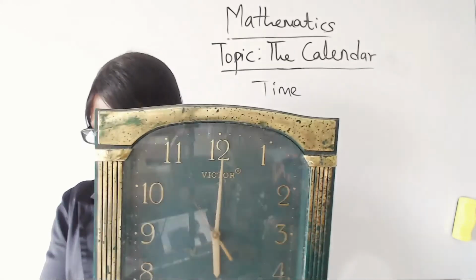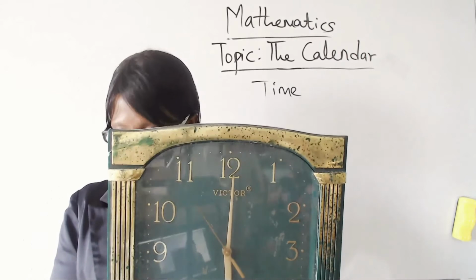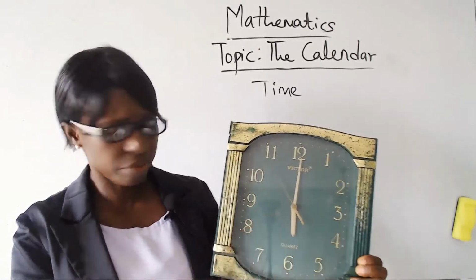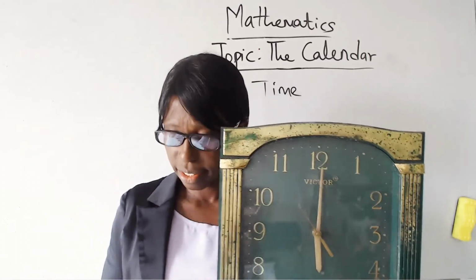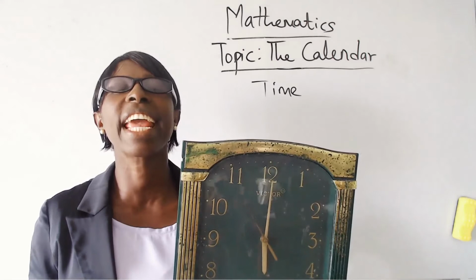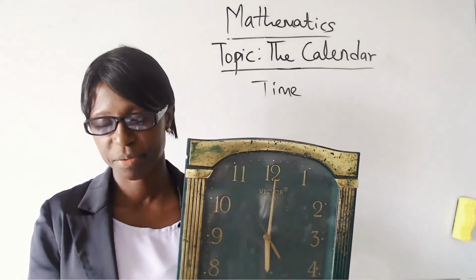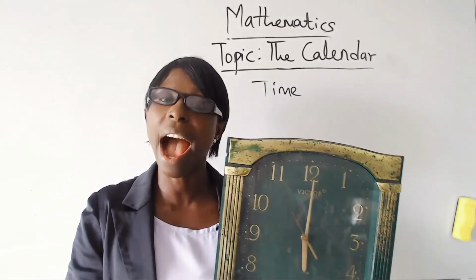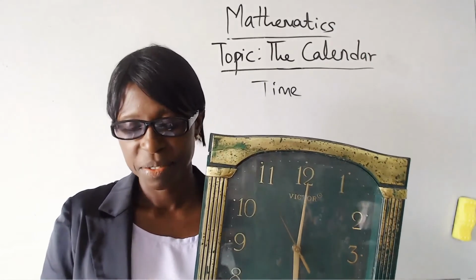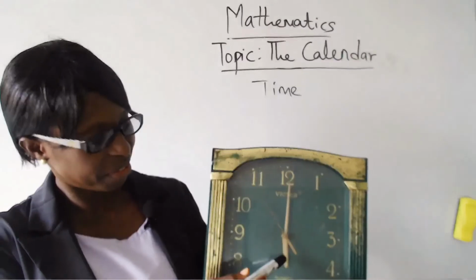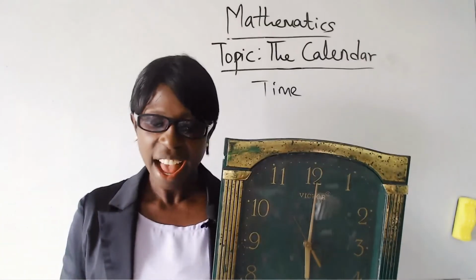If you look at this clock closely, you will notice that it has a face and 3 hands. The short hand is the hour hand. Look at the short hand. That's the hour hand.